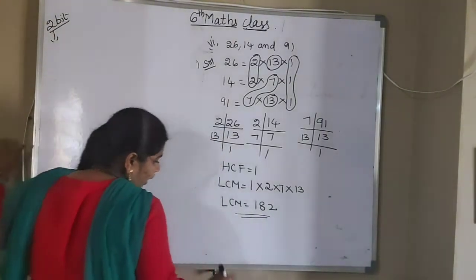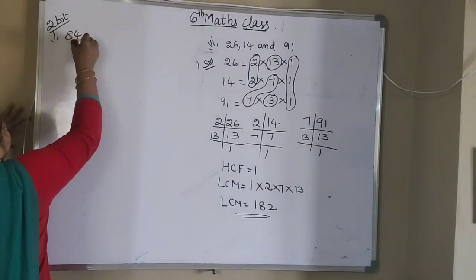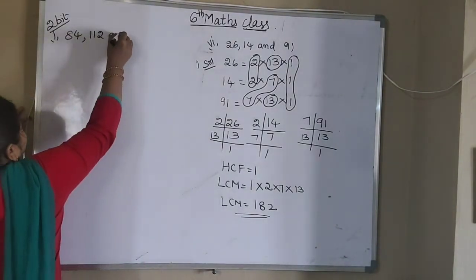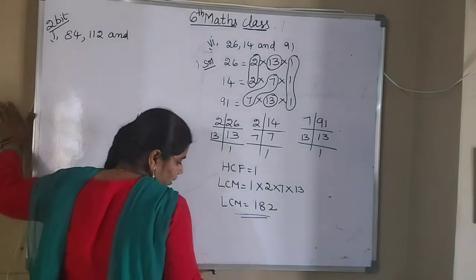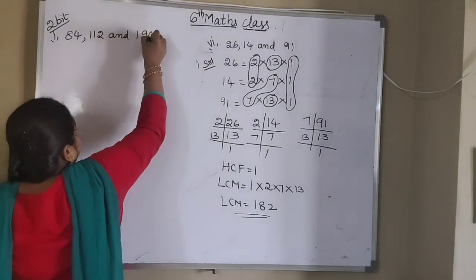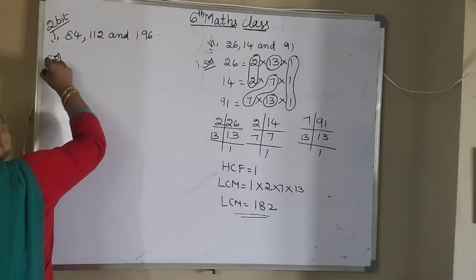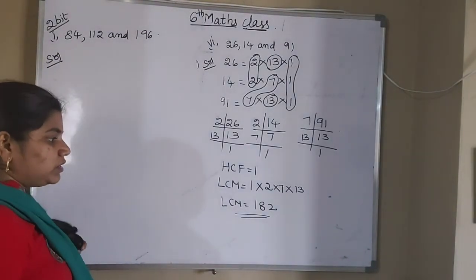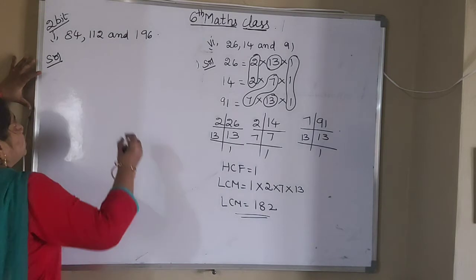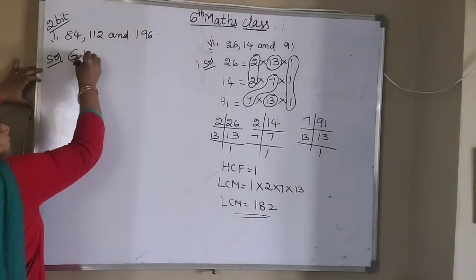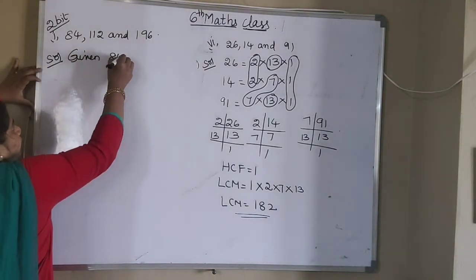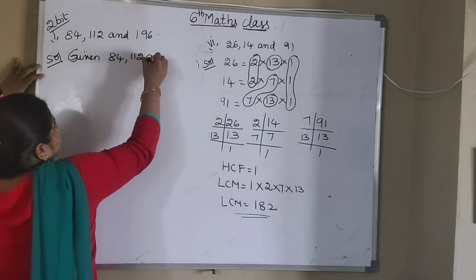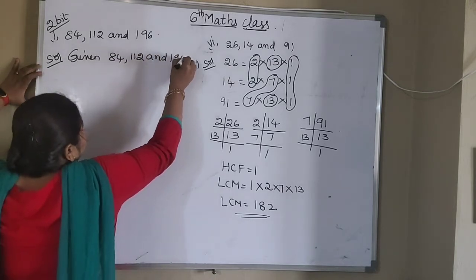That will be 84, 112 and 196. So first, by using which method are we doing it? We are doing it by using the division method.